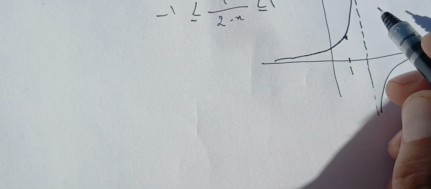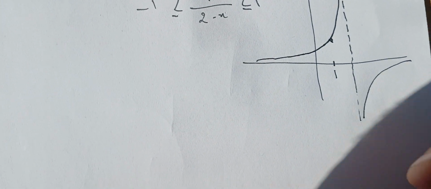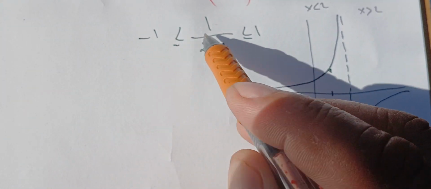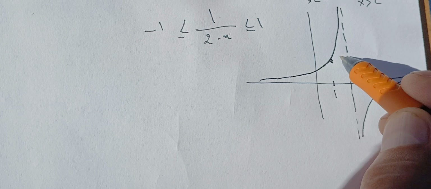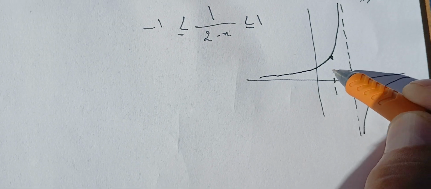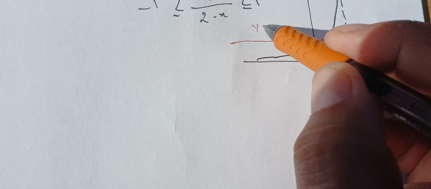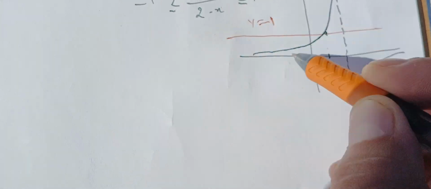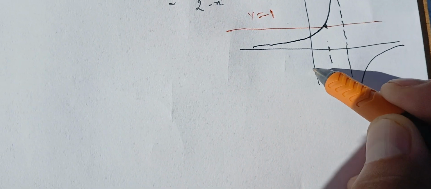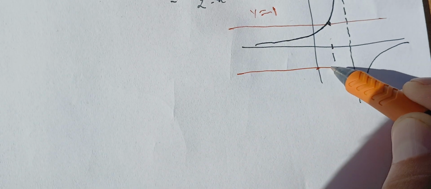Okay. And the values that I need, let's clear it because I need this point here. The values of the other functions are y is minus 1, and y is 1. So let's graph them. So if this is 1, this is y is 1. And minus 1 is this one here.